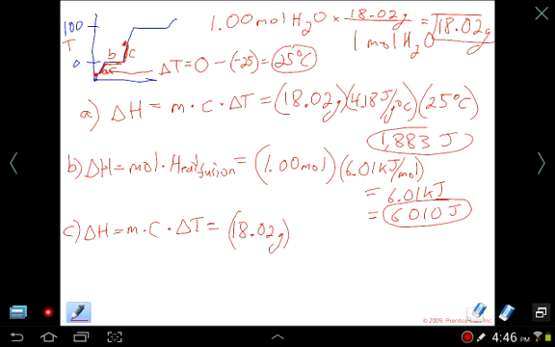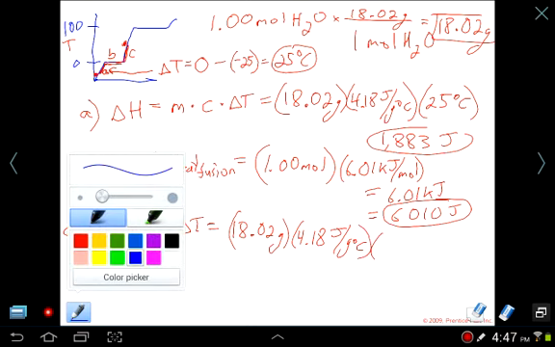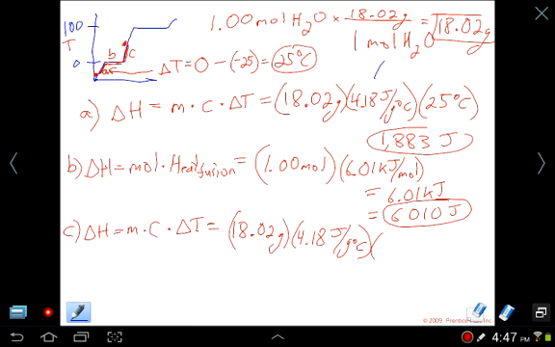The specific heat of water is 4.18 joules per gram degree Celsius. And now I see that I made a little blunder here, because the specific heat of ice is different than the specific heat of water, so these cannot be the same. We'll have to recalculate.